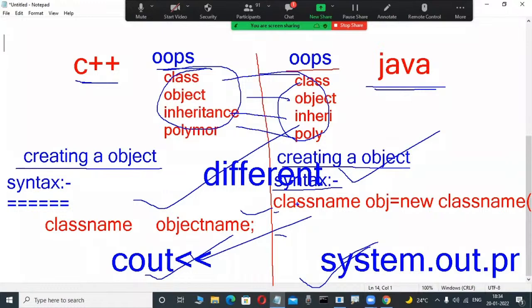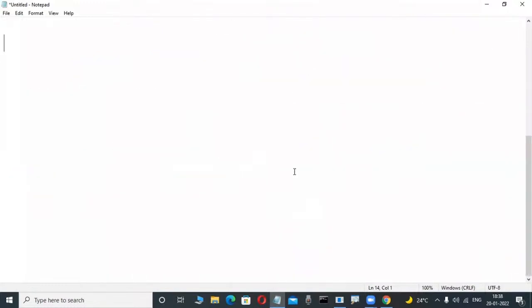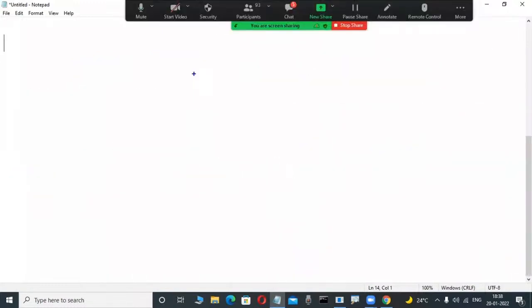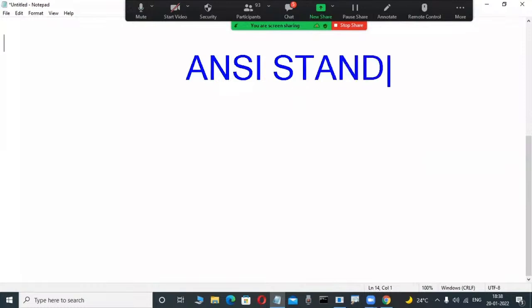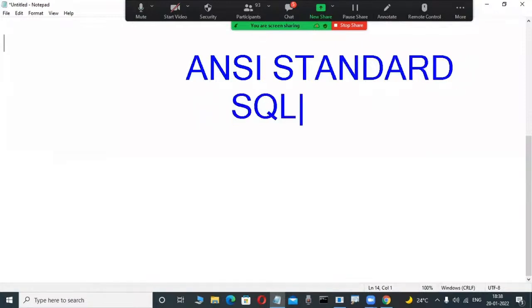Same like here, observe here also. Actually, SQL is the same thing. SQL is an ANSI standard language. ANSI is the American National Standards Institute, which defines some standards for the SQL language. This ANSI standard language is used to operate all relational databases.